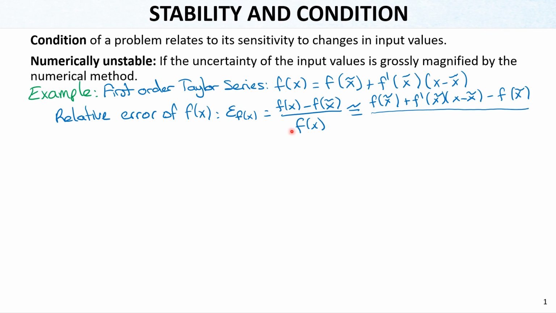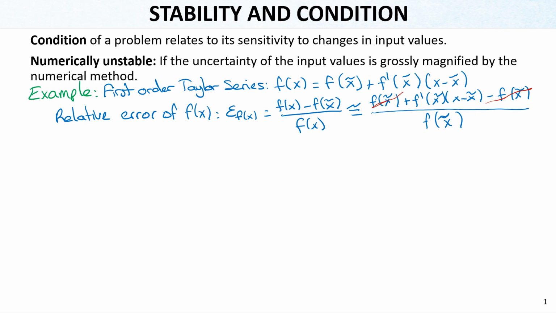And for the denominator, we assume that this can be predicted by the predicted value, so for that we will write this f(x tilde) only. And you can see that these will cancel out, and the only remaining term is the derivative times the difference divided by the prediction.